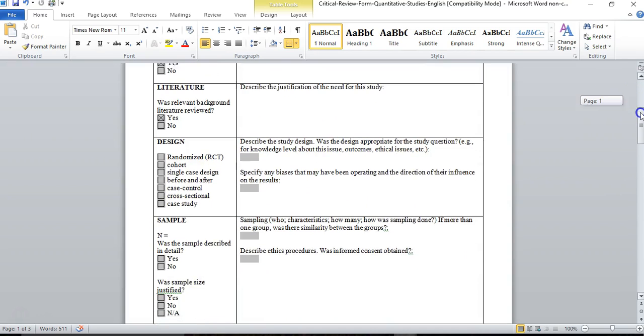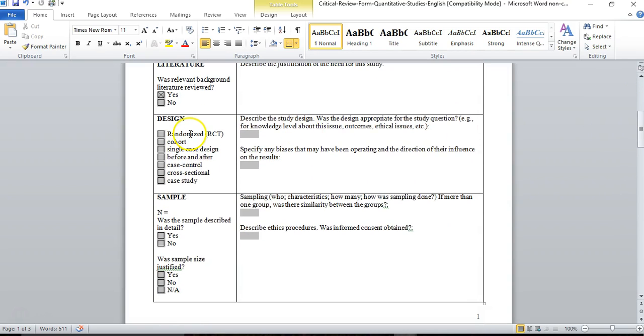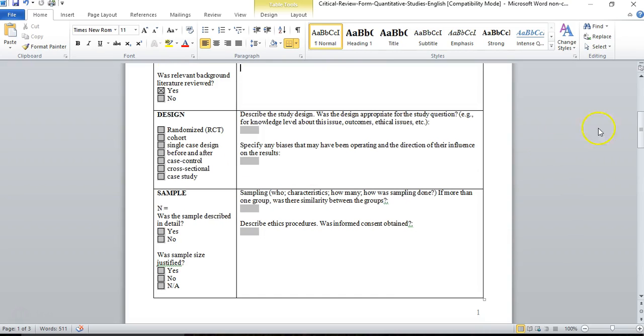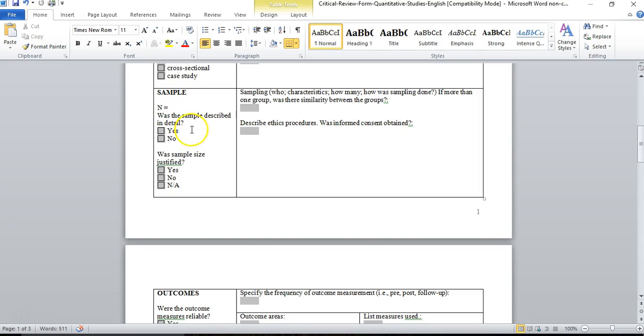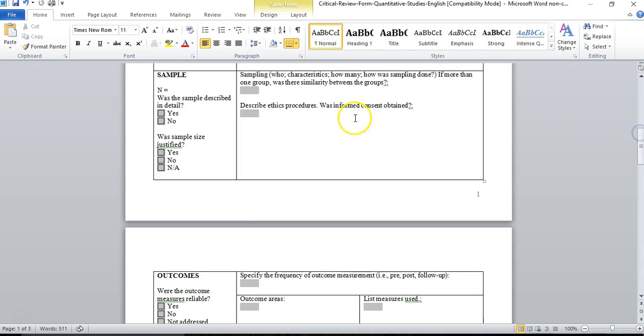Going through, it asks about the design, what kind of study it was, and some of this will make more sense once you go through the tutorials on APA Style Central. This talks about the sample, so the people in the study. Was it described in detail? Was it justified? This talks over here, informed consent. Was informed consent obtained?